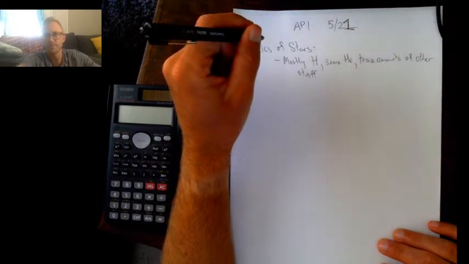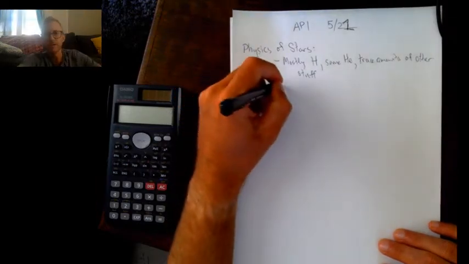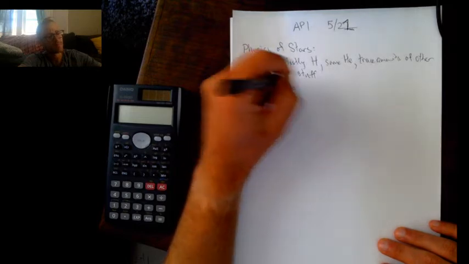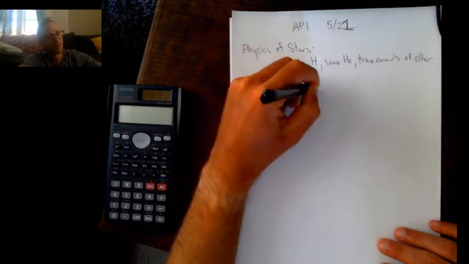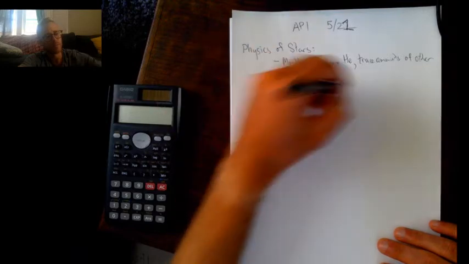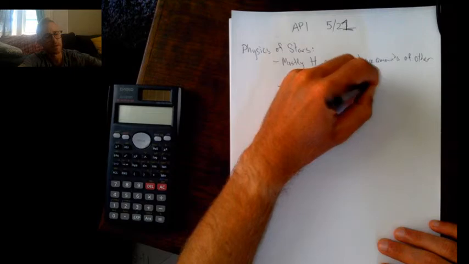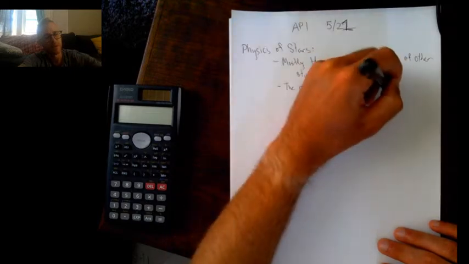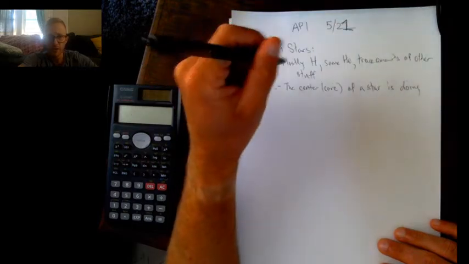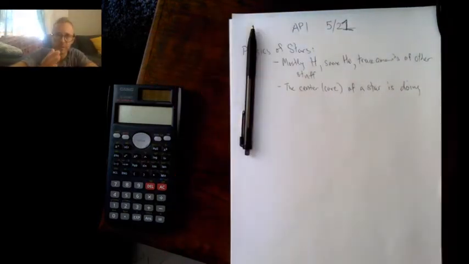And so in the center of a star, which is called the core, one of the things about stars is that at the center, they have incredible pressure, incredible temperature.